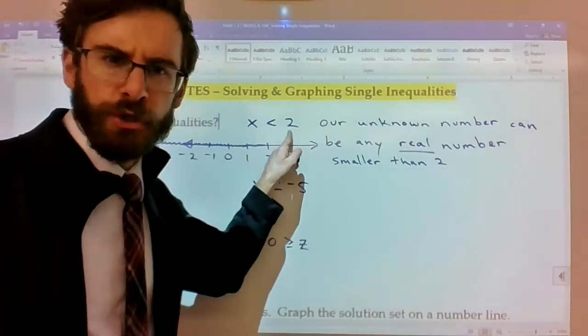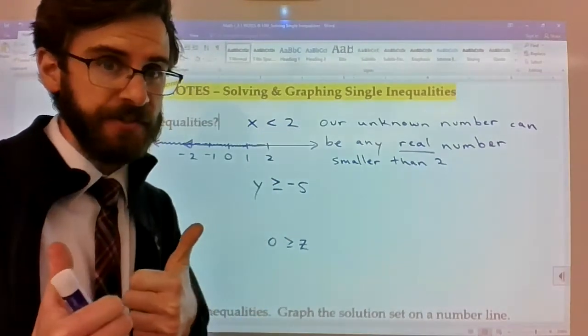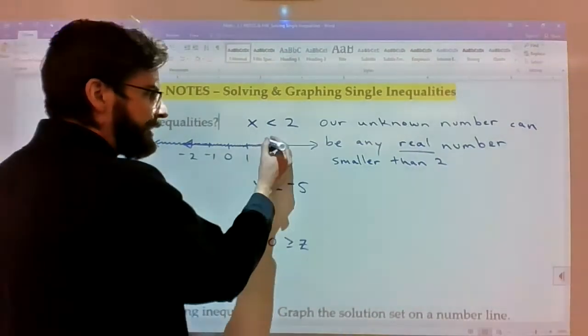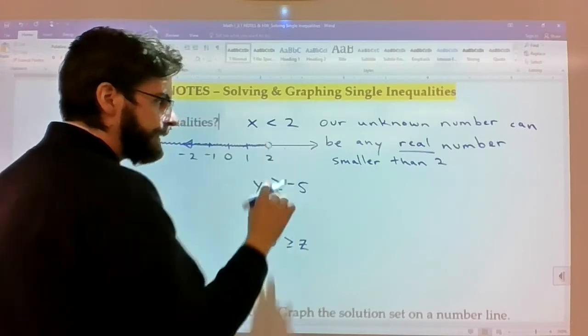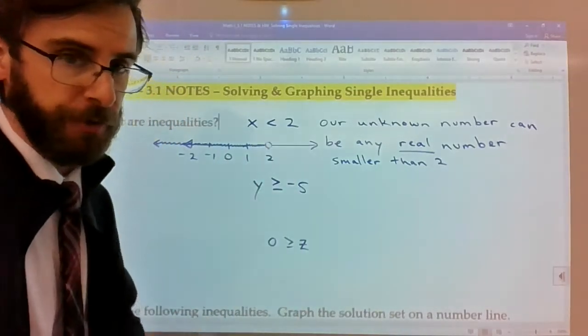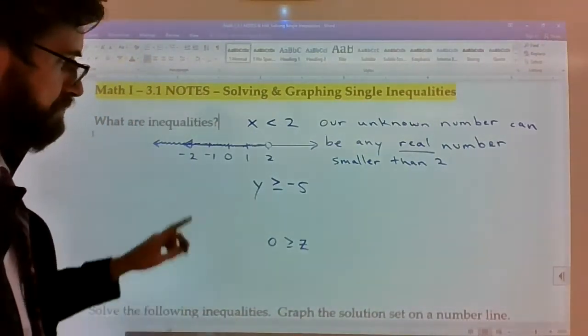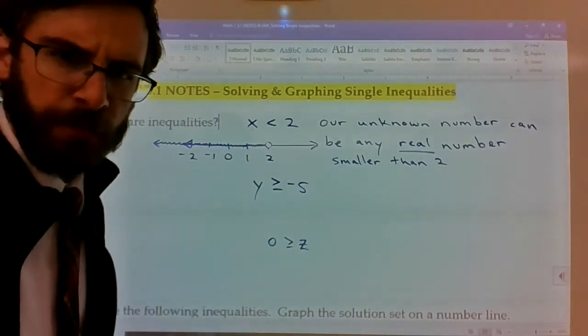But not 2. So 1.99999, yes. 2, no. So what we do is we put an open circle at 2 to indicate it's everything up until 2, don't include 2. Yeah, so if this number line makes sense, then I think the rest follow pretty clearly.